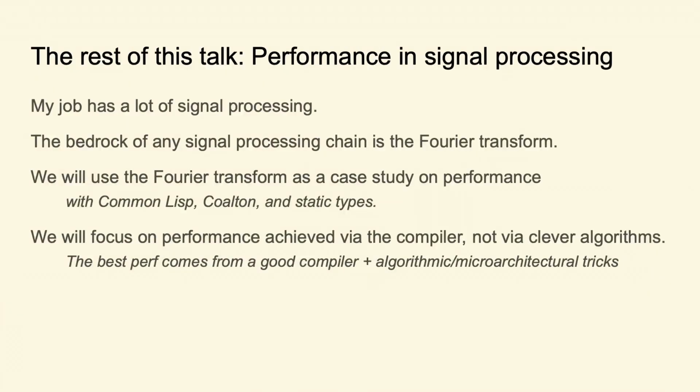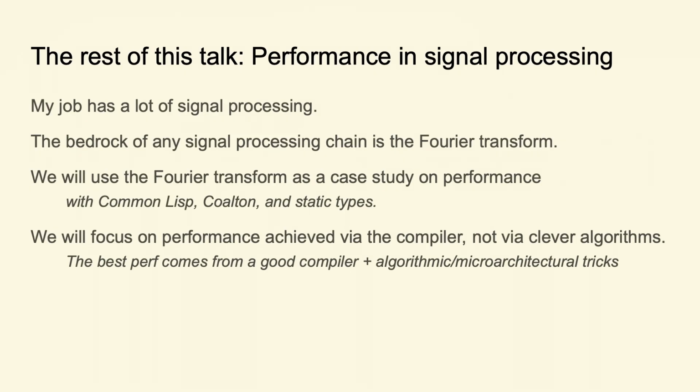So I want to talk about performance for the rest of this, and I want to use an example in signal processing. My job right now has a lot of signal processing. It has to be very fast. The bedrock of signal processing, in my opinion, is the Fourier transform. And so what I'd like to use is a simple implementation of a Fourier transform as a case study for performance. I want to only talk about performance derived from a compiler.